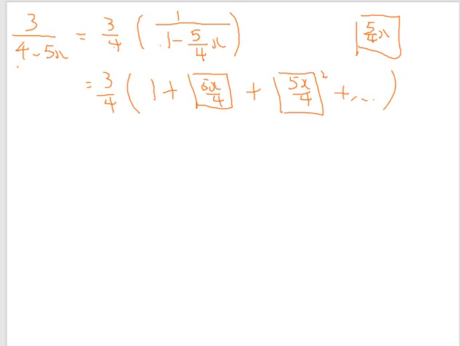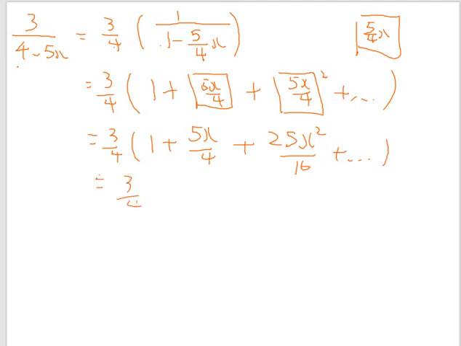So that will give you 3 quarter bracket 1 plus 5x over 4 plus 25x squared over 16 plus dot dot dot. And then you can multiply the 3 quarter in. So it's 3 quarter plus 15x over 16 plus 75 over 64 x squared.